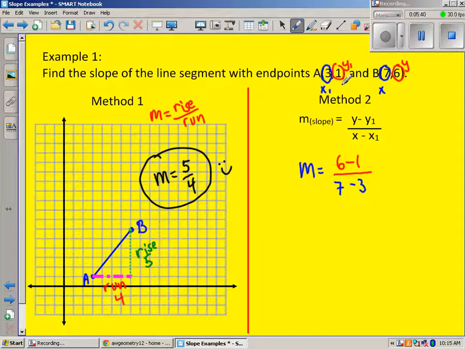If they're stacked vertically, with a subtract sign between them, then you'll be okay. And so you'll get the right sign every time. So when I simplify this, 6 minus 1 is 5, and 7 take away 3 is 4. Same slope as I had before, but it just depends on how you want to go about finding them.